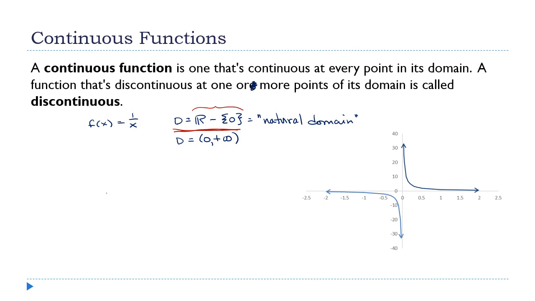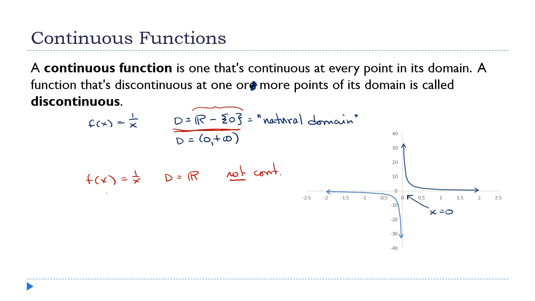Now, when you change the domain, you potentially change the answer to that question. If I said I wanted to talk about the function f of x equals 1 over x, and I want the domain to be, for some strange reason, all real numbers, this function is not continuous because it has this infinite discontinuity at x equals 0.